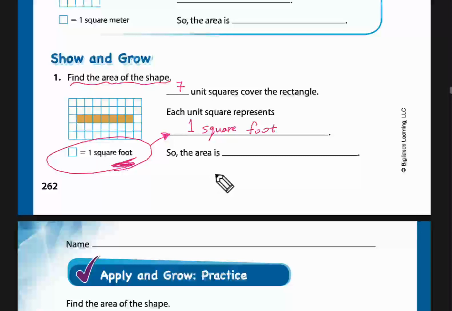What is the area? It should be 7 square feet.